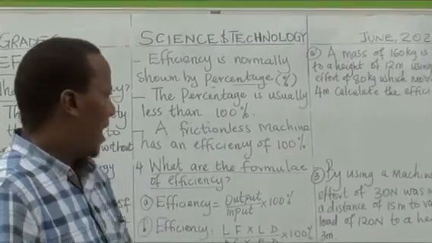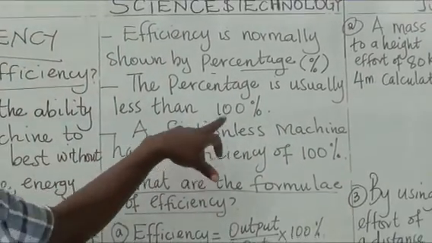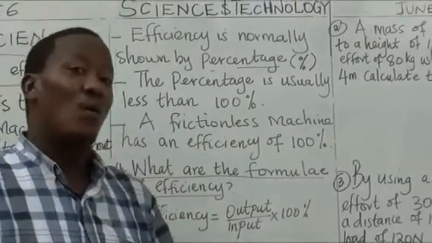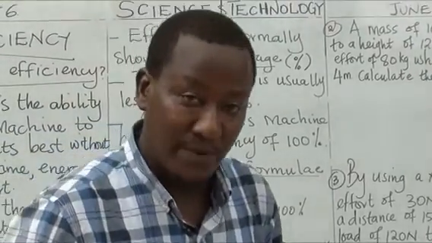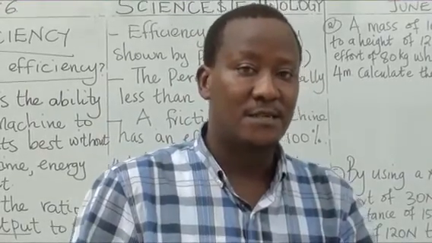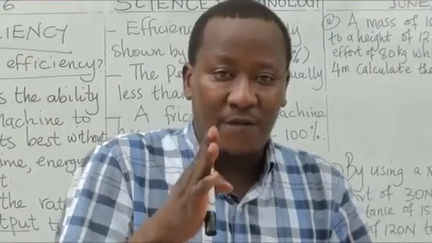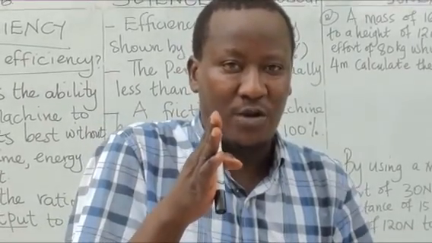Now, the percentage of efficiency of a machine is usually less than 100%, meaning that not every machine is perfect. Okay, you get the point. But now, I think you understand friction.